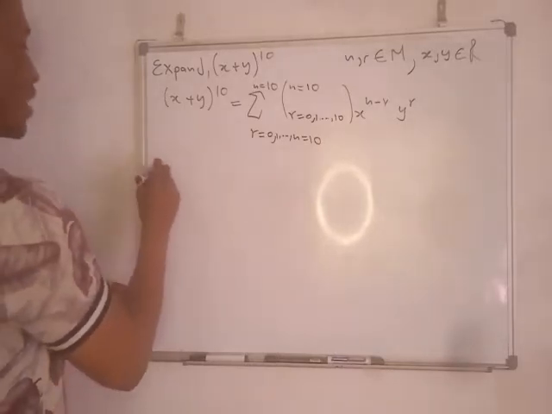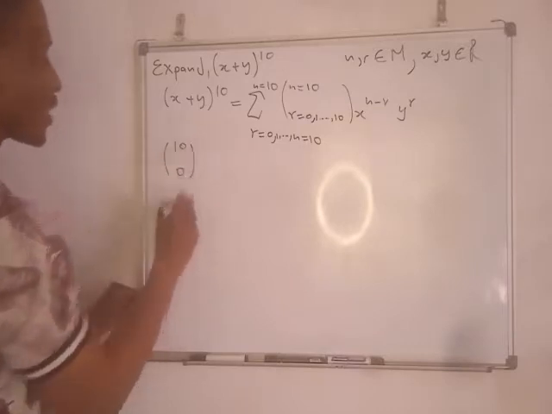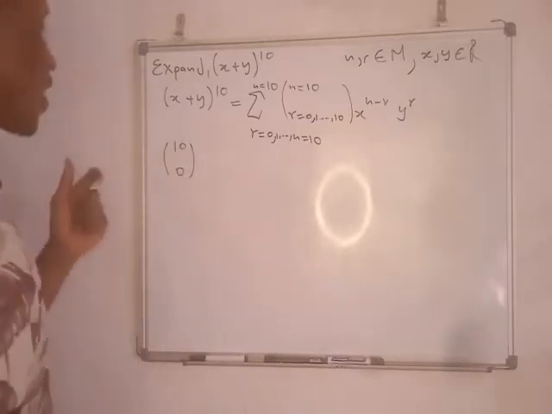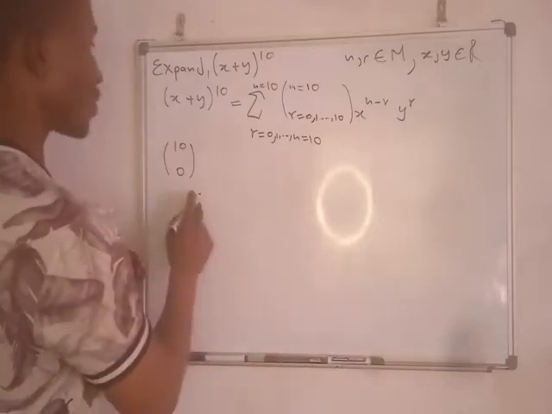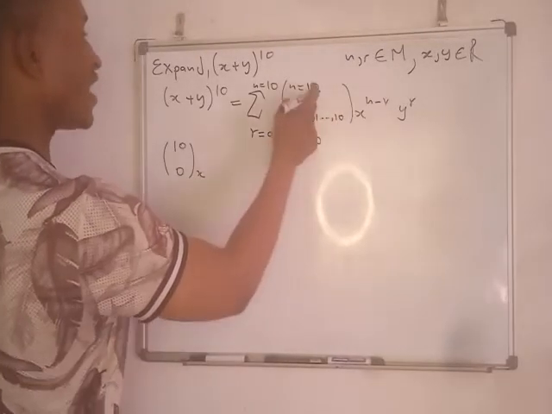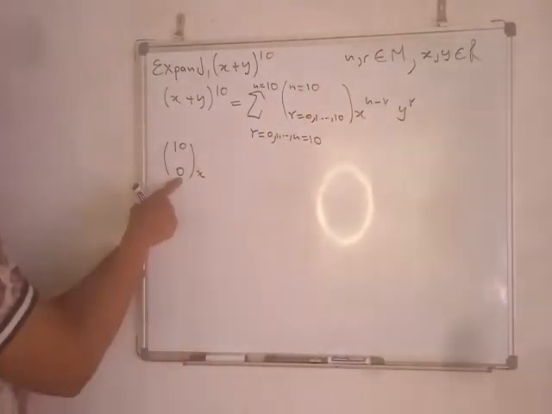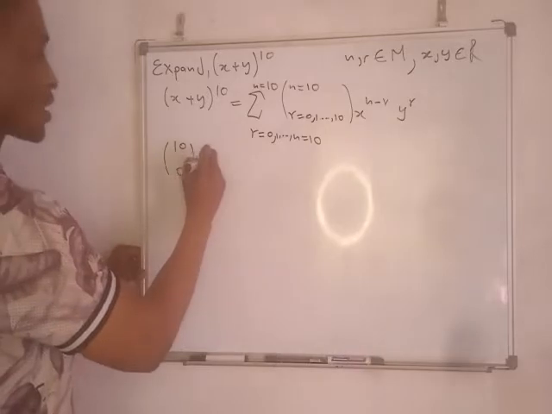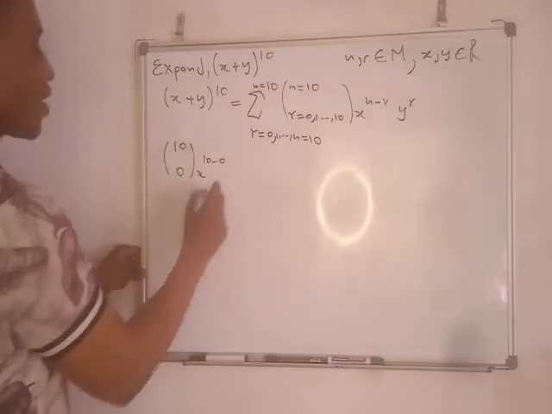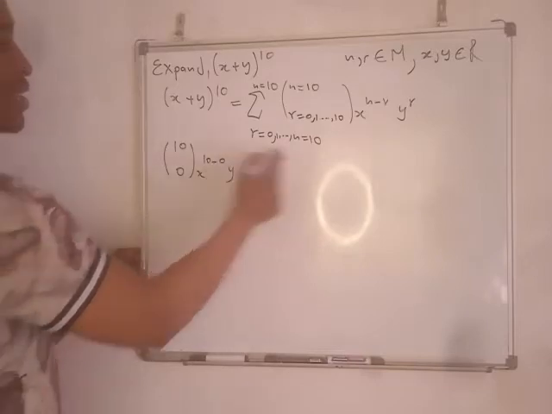10 combination 0, I will show you the trick using a calculator for how to find combinations. So it's going to be x to the n, but what is my n? My n is 10 minus 0, and this is my y to the r, but what is my r?